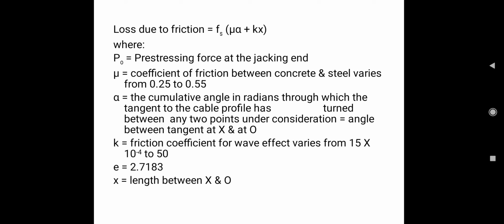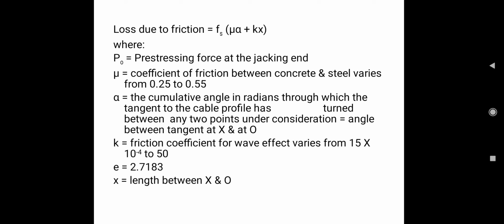Now let us see how to calculate the losses due to friction. The losses due to friction can be calculated using the equation Fs into e to the power of minus (mu alpha plus Kx). Here mu is the coefficient of friction between concrete and steel, which varies between 0.25 to 0.55.